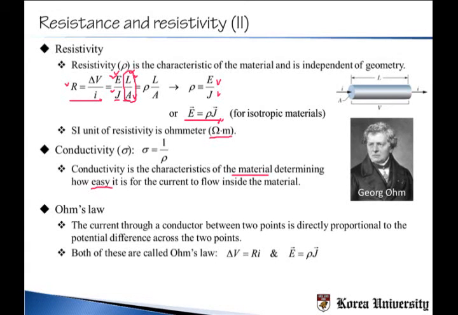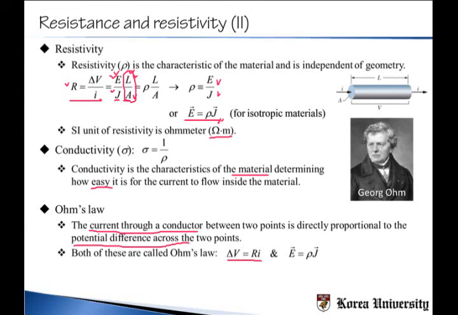And finally, we will summarize the Ohm's law. Basically what the Ohm's law tells you is that the current through a conductor between 2 points is directly proportional to the potential difference across the 2 points. That's what the Ohm's law states. Mathematically, we can write it in two forms.